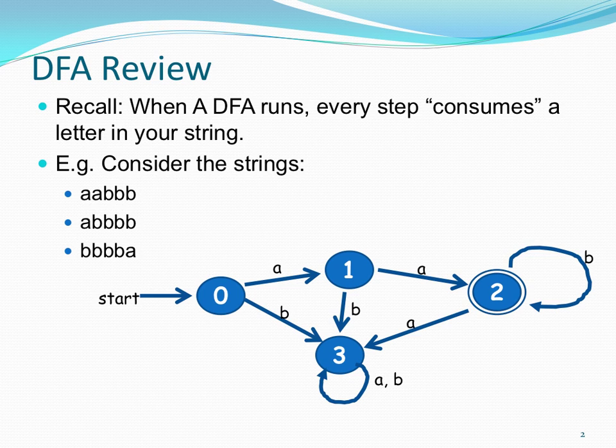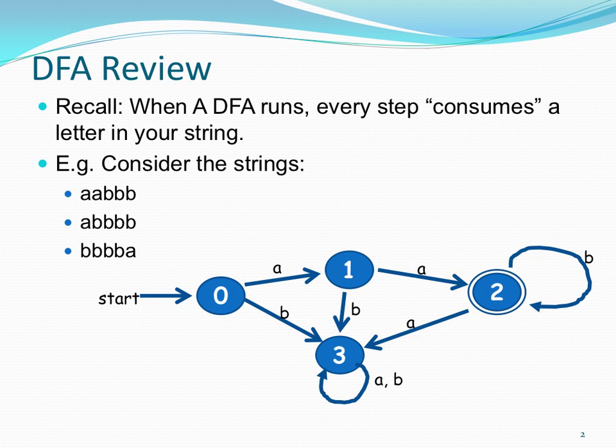Next A, we end up at state 2. Now we've got a B, we stay at state 2. Another B, we stay at state 2. Another B, we're still at state 2. We finished, and we finished at a double circled state, which tells us that this string is in the language.